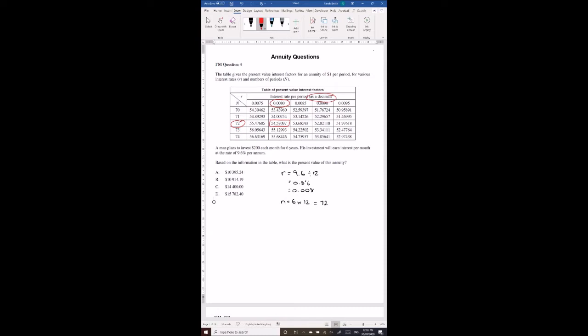So then we have 54.57097 times the amount of his annuity, which is 200, and that equals $10,914.19. We find that in our multiple choice. There it is. So the correct answer for that question was B.